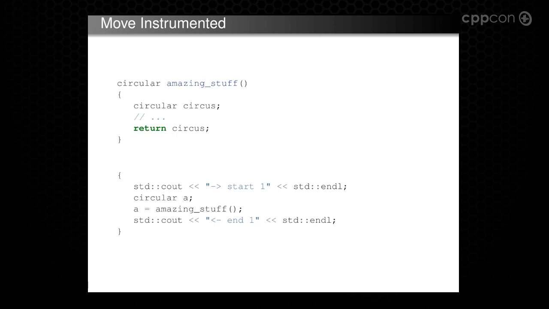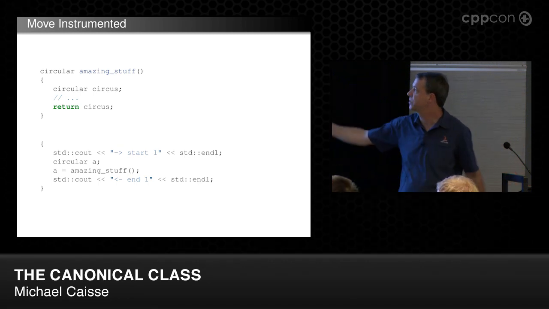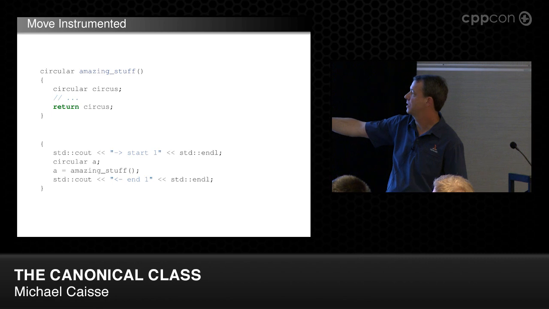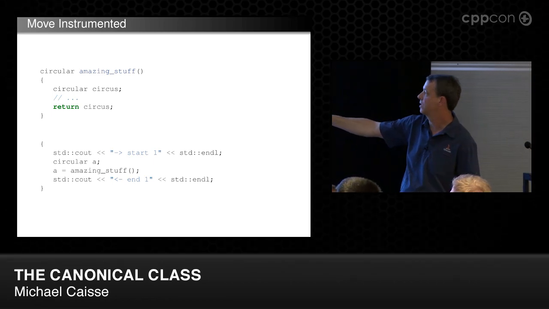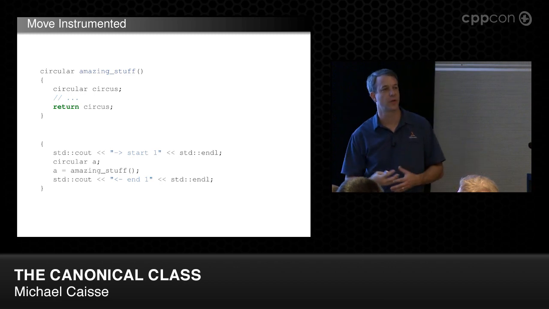All right, let's take a look a little bit at this. So I've got this amazing stuff method. It's going to return a circular object. Creates one and returns it. What's going to happen here? So constructed one. I'm calling amazing stuff, and I'm assigning it to A. What's the end result?